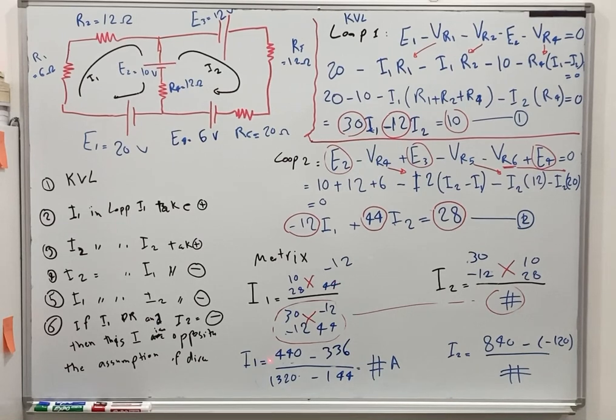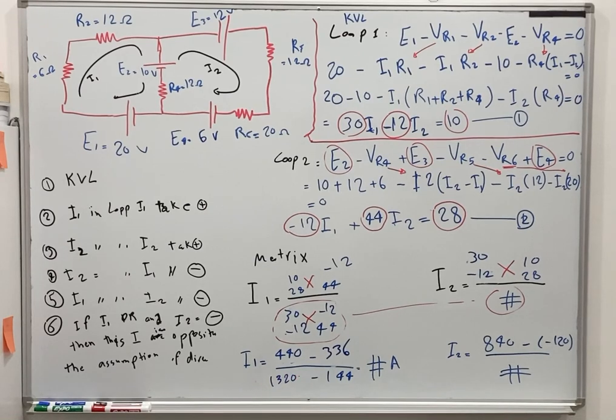10 multiplied by 44, we got this number, 440, minus, we got also here minus 12 multiplied by 28. So this minus should be an addition. It will be a plus 336. And this number also the same, 30 multiplied by 44.